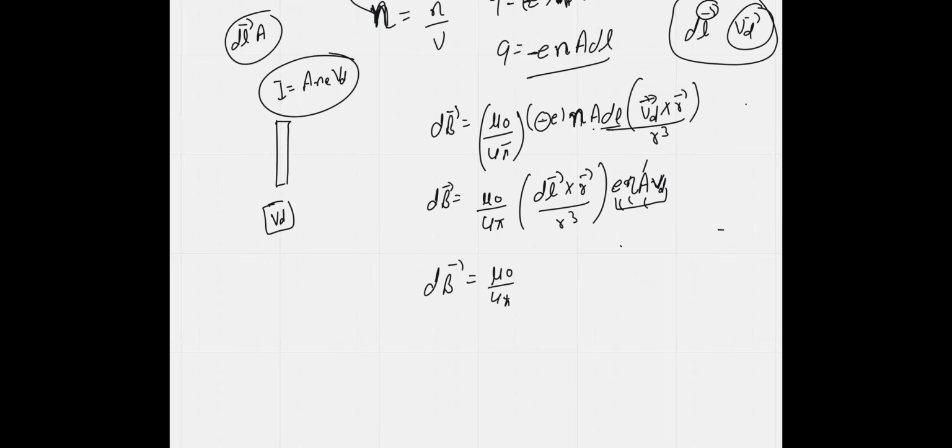This is another method of deriving this thing. I have given you two methods of derivation for the Biot Savart law. One is yesterday's method, one is today's method. So dl cross r.